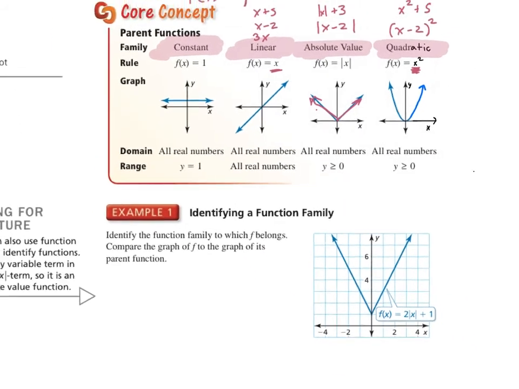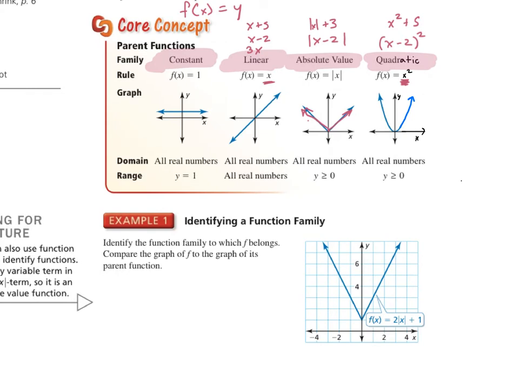Looking at our first example, we need to identify the function family to which f belongs, and compare the graph of f to the graph of its parent function. Without even looking at this function here, we know that the parent function is going to be an absolute value graph because it has this V shape.